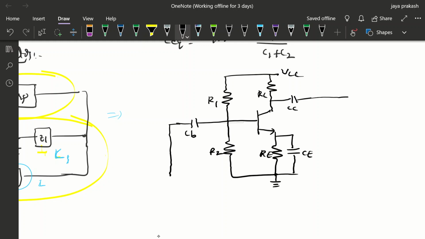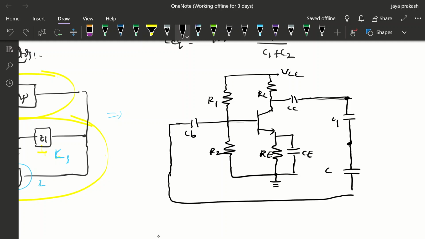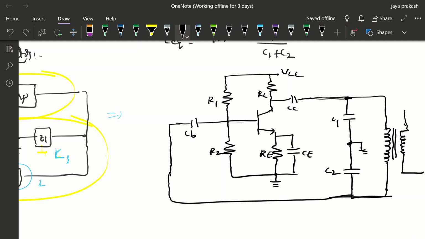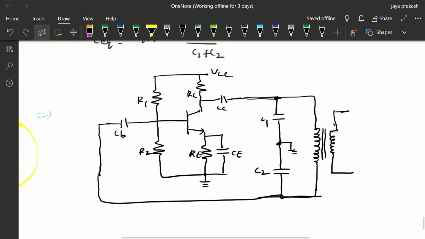The output is fed back through the capacitance C1, and fed back to the input through C2, and this is grounded, and this is Z3. And this is your oscillator output.